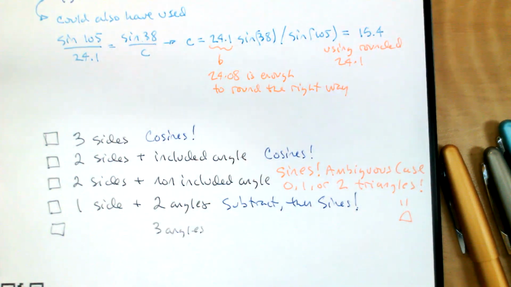But 3 angles is not enough to determine 1 triangle. This is an infinite number of similar triangles.